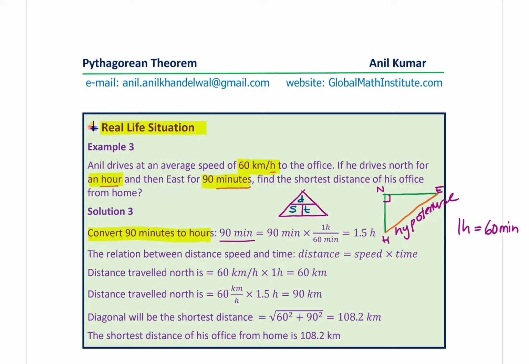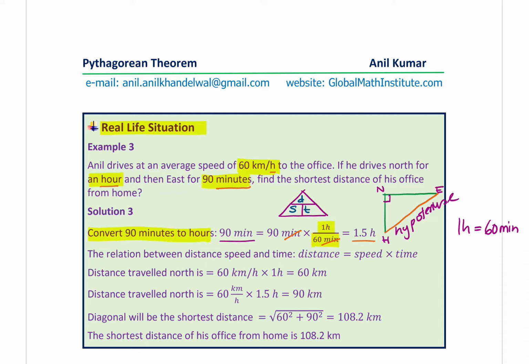We know in 1 hour there are 60 minutes, so write 1 hour over 60 minutes, and clearly the minutes cancel. What remains is hours. And when you divide 90 by 60, you get 1.5 hours. Is that clear to you? Perfect. So we get 1.5 hours to travel in the east direction.